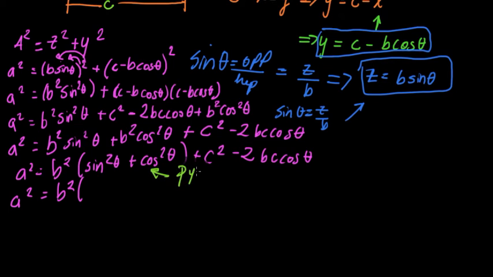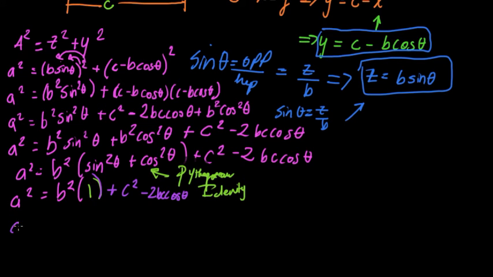The Pythagorean identity says that sine squared theta plus cosine squared theta is equivalent to 1, right? It's equivalent to 1. So from there, I'll just bring down this plus c squared minus 2bc cosine theta.